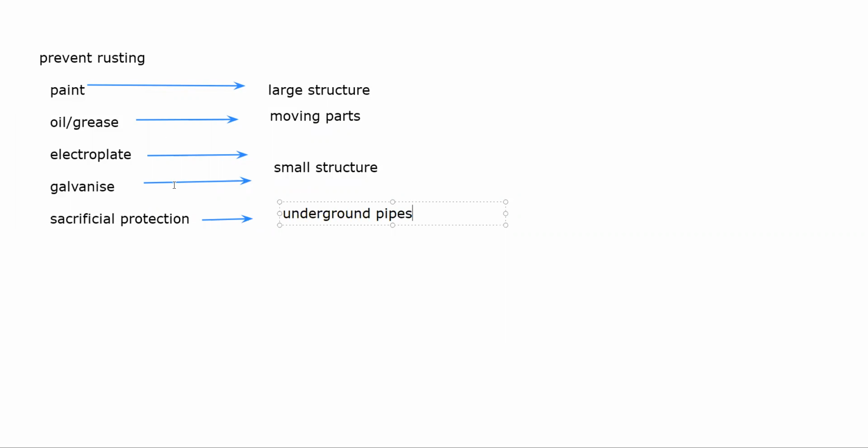So how will paint reduce or prevent the iron from rusting? For example, you have a door which is made up of iron, and if it's pure iron, it will definitely rust. So you want to prevent this door or grill from rusting.